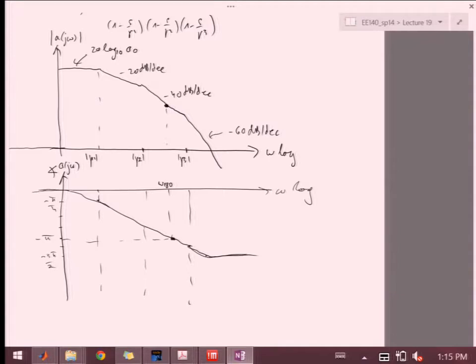Right, so it was important for us to look at where this curve is, which was 20 log 10 of 1 over f, which was essentially 20 log 10 of our closed loop amplifier gain, A naught.